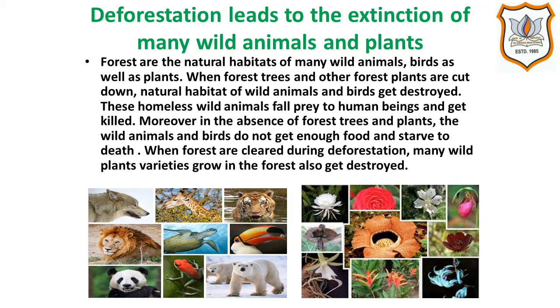These homeless wild animals fall prey to human beings and get killed by them. Moreover, in the absence of forest trees and plants, the wild animals and birds do not get enough food and starve to death. In this way, many animals and bird species become extinct, means vanish from that area.